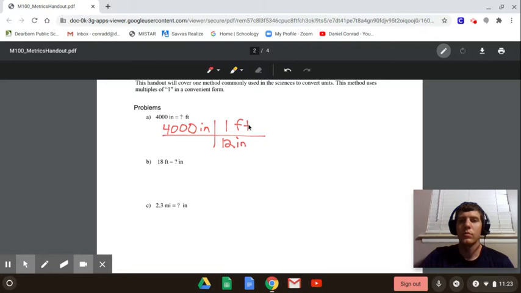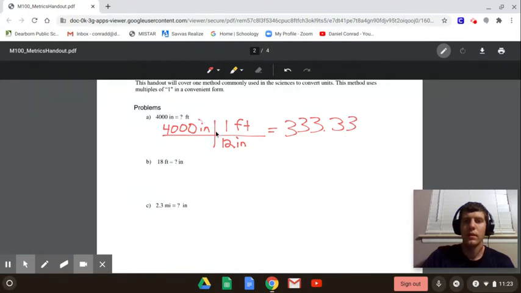All right, so then you multiply across. 4,000 times 1, and then you have 4,000 divided by 12. If we put that in our calculator, 4,000 times 1 divided by 12, that's going to give us 333.333 repeating. So we'll say 333.33.